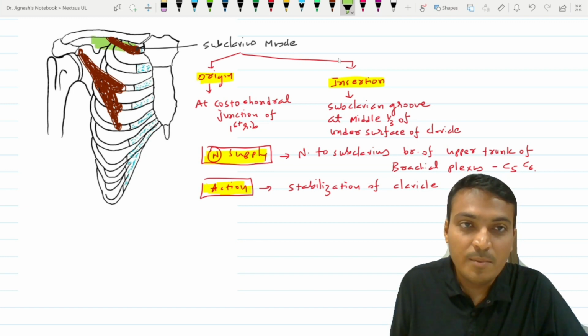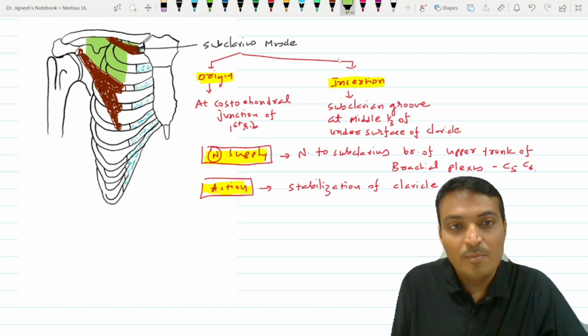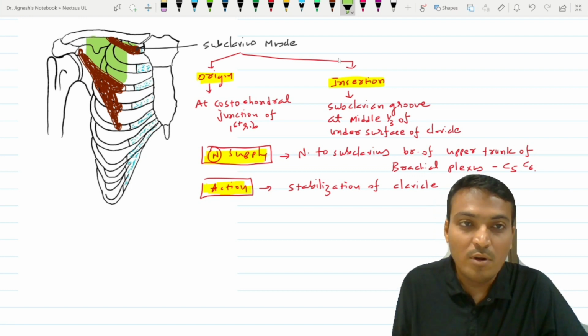After enclosing the subclavius muscle, this clavipectoral fascia reaches up to the upper border of the pectoralis minor muscle. Here the pectoralis minor muscle is also enclosed within this clavipectoral fascia, and at the lower border of it, the clavipectoral fascia forms the suspensory ligament of the axilla, which continues with the axillary fascia.